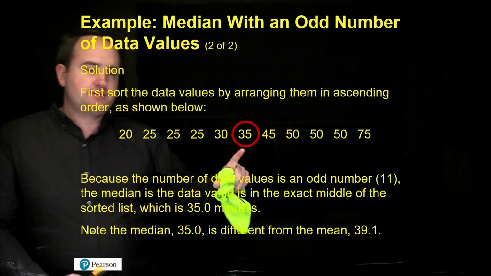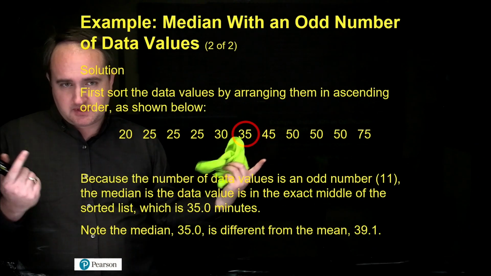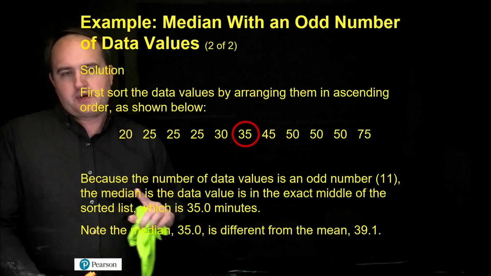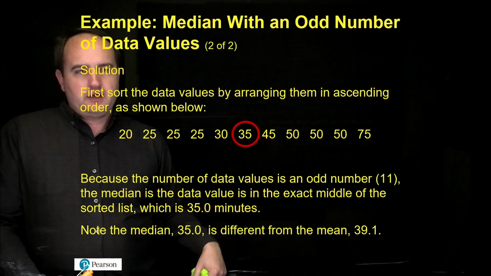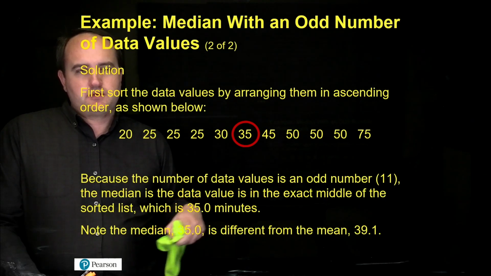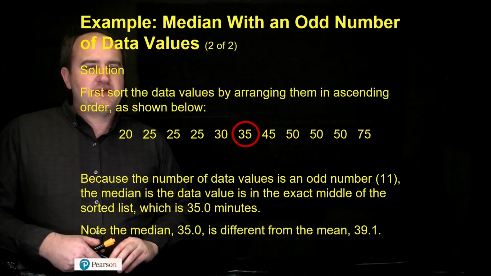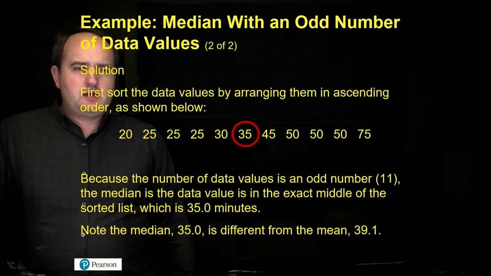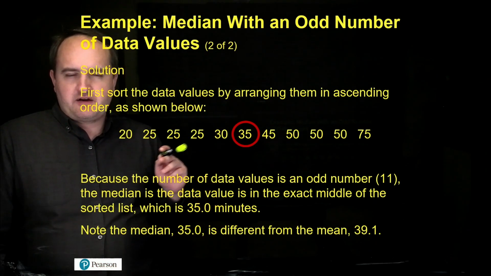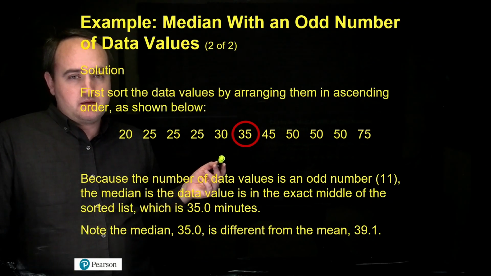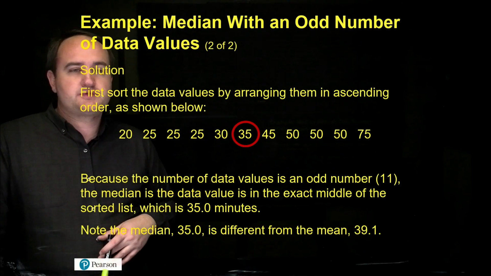By the way, on the slides here, they say the same stuff that I was just talking about. It's just this is the way they do it in the book. So for the odd number of data values, they circled the middle data value, and that's the median. The only thing to be careful about here is I wrote that the median, x tilde, was 35.0.